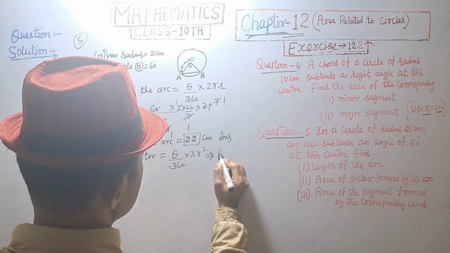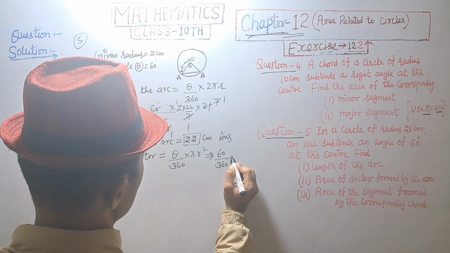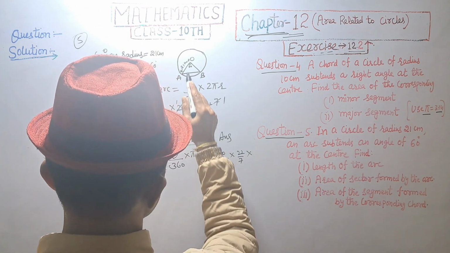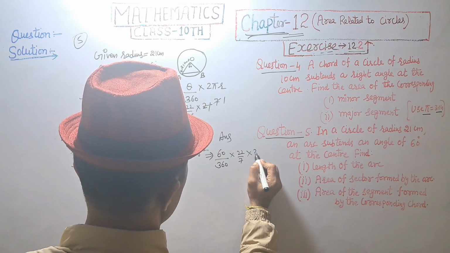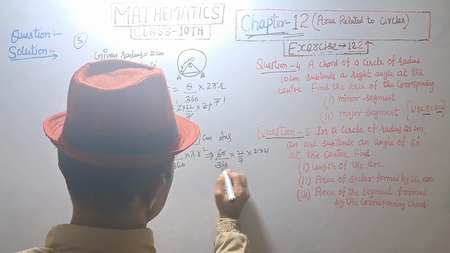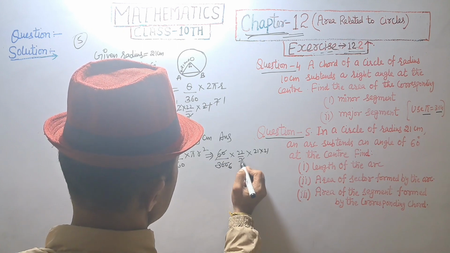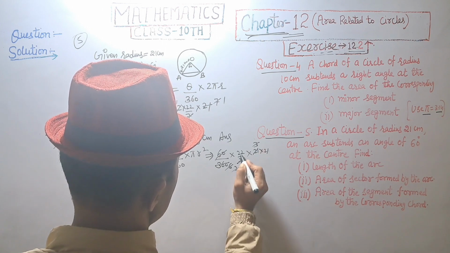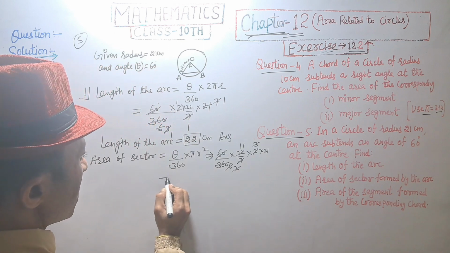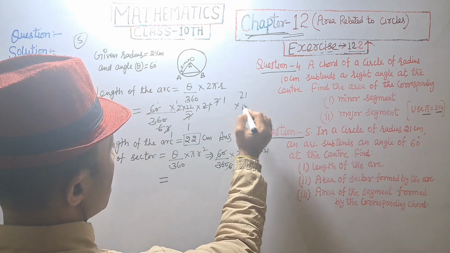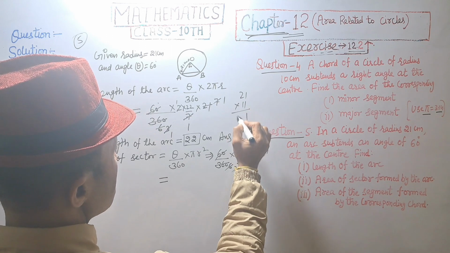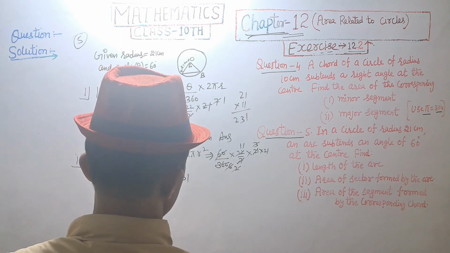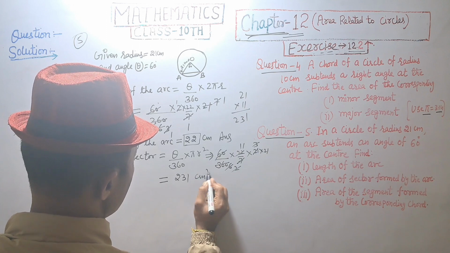This implies angle is 60 divided by 360 into pi r square, 22 upon 7 into radius, which is 21 into 21. 7 3s are 21, 3 2s are 6, 2 11s are 22, so it is 21 into 11, which is 231 centimeter square.